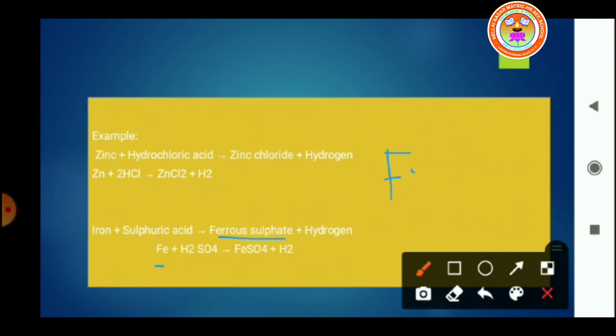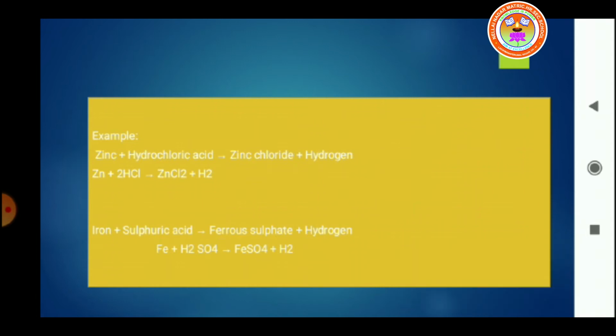Here iron is in the form of Fe2+, that's why it is called ferrous. So FeSO4 plus H2. Here also hydrogen is liberated in the form of gas. This is indicated by an upward arrow. Now clear this? So the first chemical property, the reaction with metals, is over.